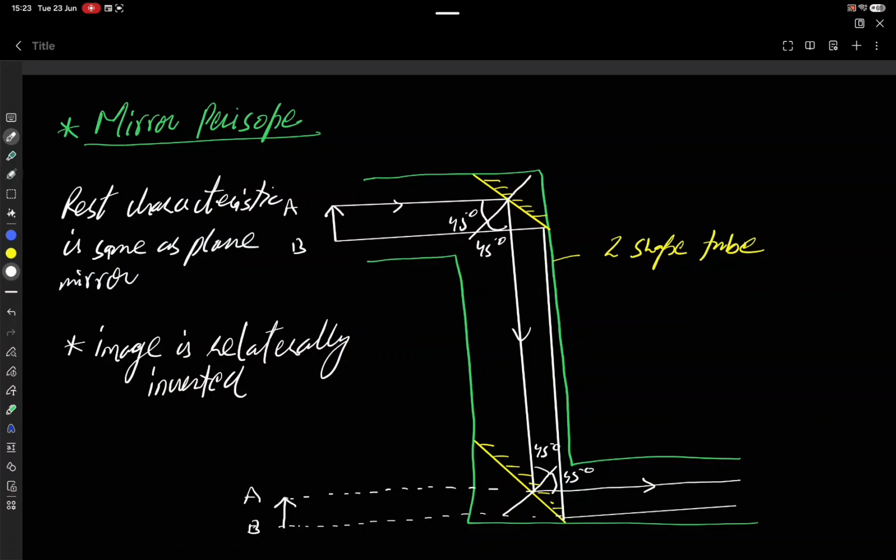Since the light is reflected two times from the mirror, the image is laterally inverted.